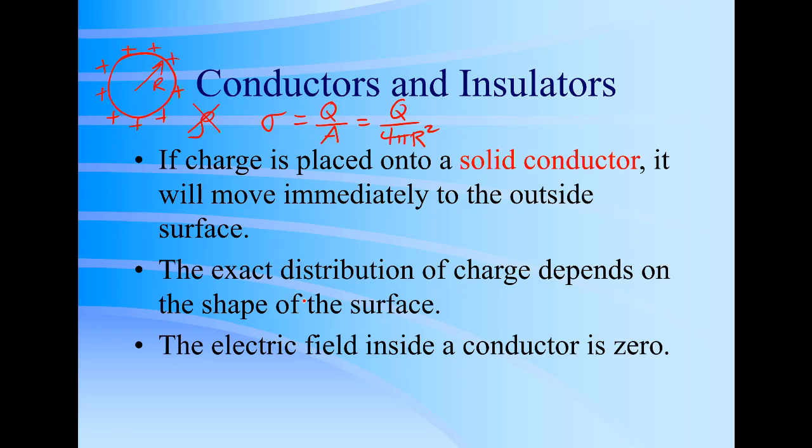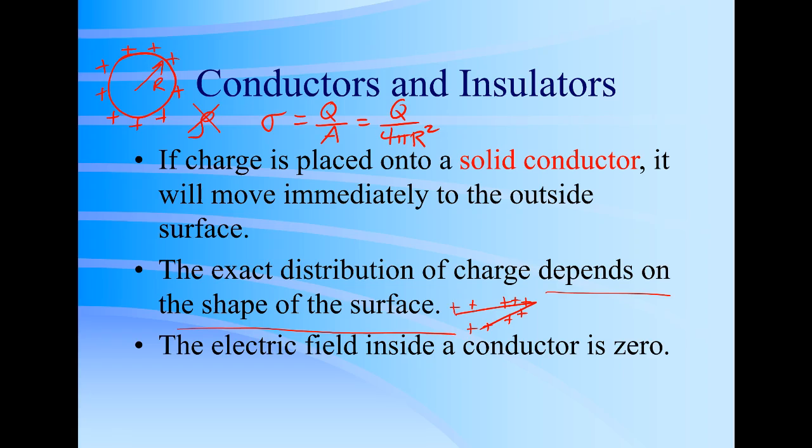And so the exact distribution depends on the shape of the surface. It's not always even. What we'll see in the next unit is that if I have a spike, that charge tends to clump at the point. And this is related to energy, and we'll need to discuss that a little bit later on.